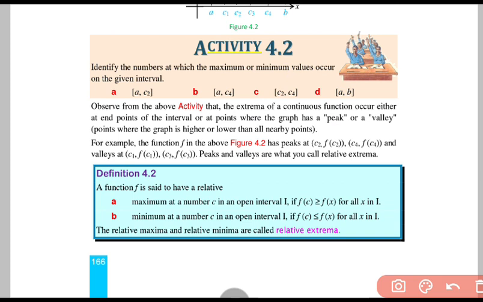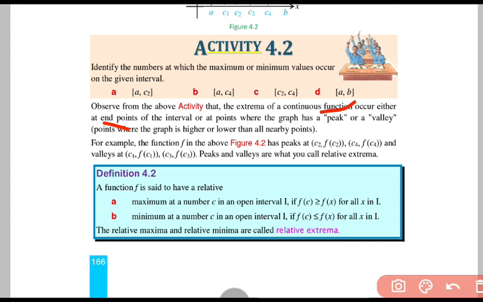When we only say extrema, okay, don't forget, of a continuous function they occur either at the end point of interval or at the point where the graph has a peak or valley.